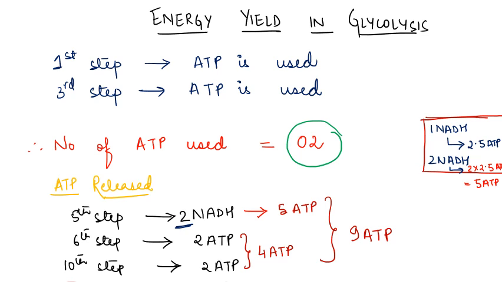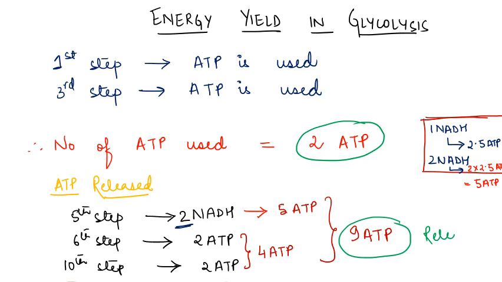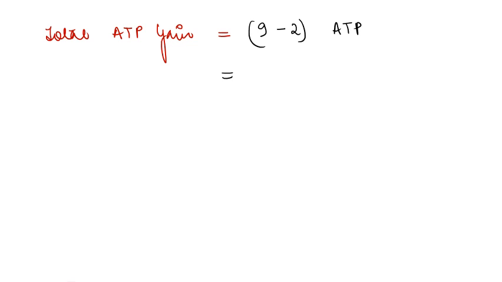But out of 9 ATP, 2 ATP are already used. So if you subtract 2 from 9, how much will be the remaining ATP? 9 ATP is released and 2 ATP is used. So the net gain of ATP is 9 minus 2. 9 minus 2 is how much? 7 ATP.